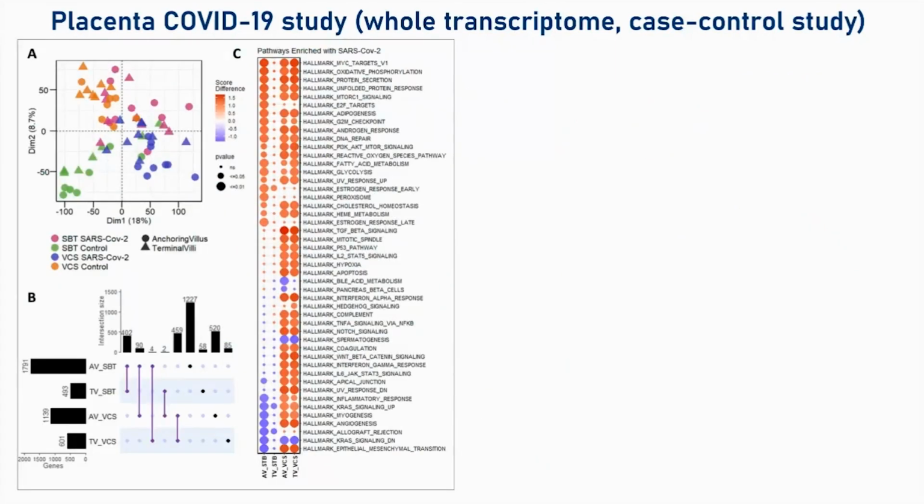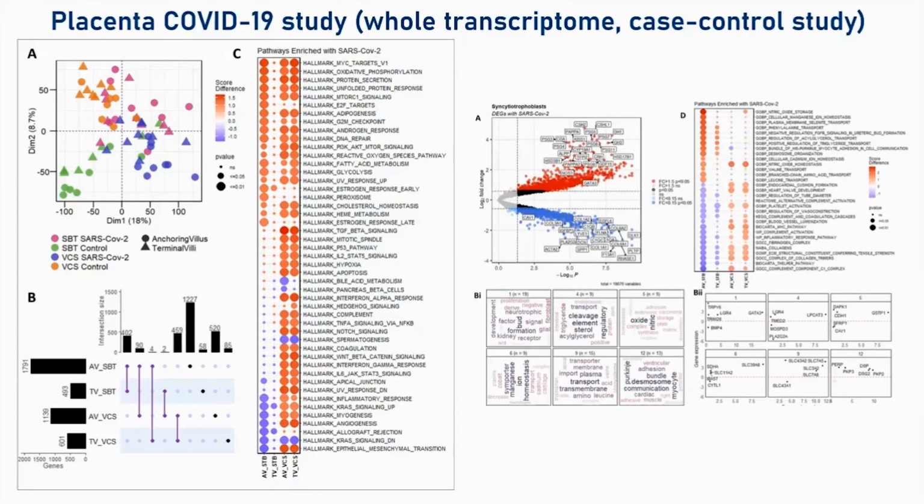And what we saw when we compared COVID versus normal in the placenta, we could see this enrichment for preeclampsia-like signaling, specifically in the COVID-19 positive pregnancies. These were third trimester positive pregnancies. And so we're digging into this a lot deeper.